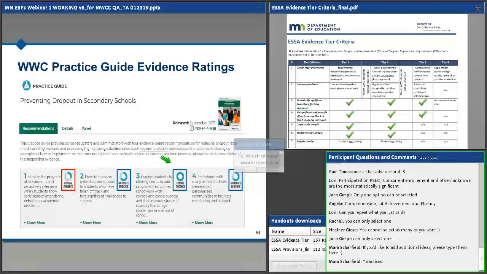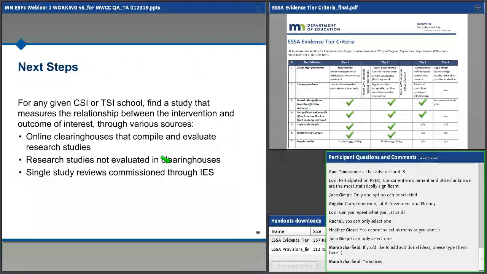If we could slide the poll to the right, please. And that's it. That is a tour de force of meeting the minimum requirements for Tier 3.